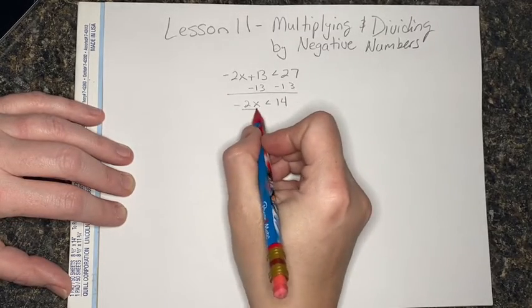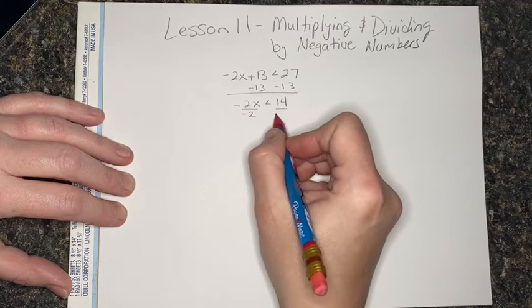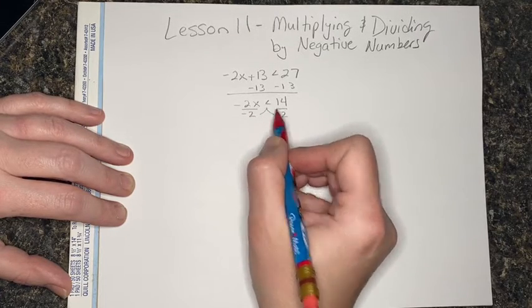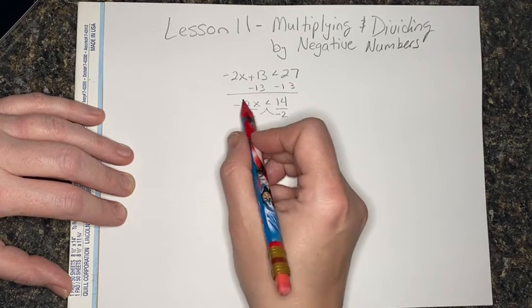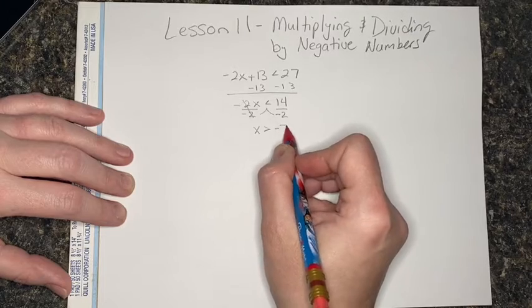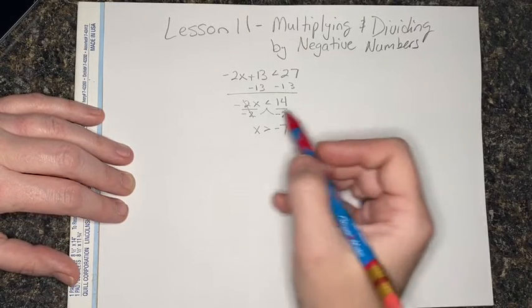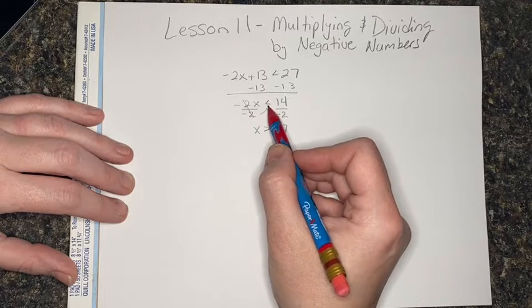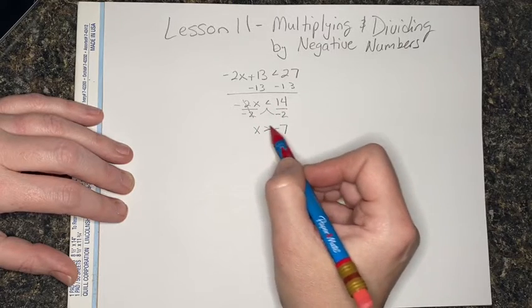Now, we're going to divide by this negative 2. When we divide by that negative 2, it changes our inequality, leaving us with x being greater than negative 7, okay? When we multiply or divide by a negative number in an inequality, it switches around the inequality.